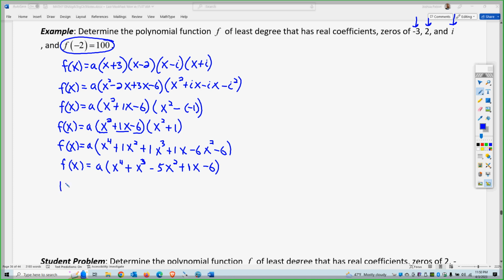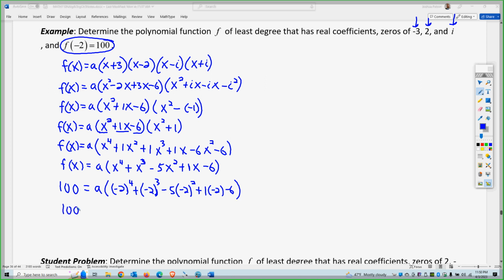So 100 equals a, and if I plug in -2, so that's -2 to the 4th plus -2 to the 3rd minus 5 times -2 squared plus 1 times -2 minus 6.